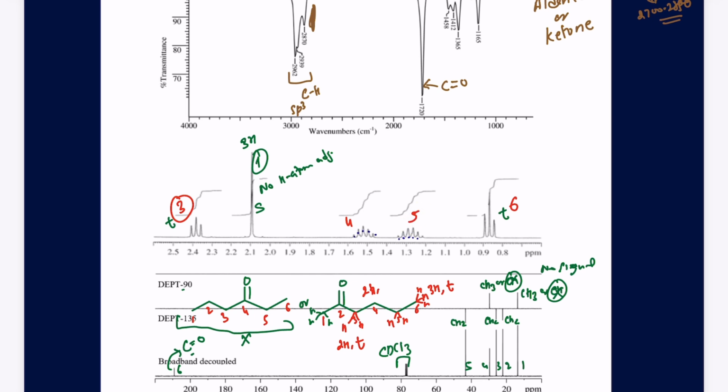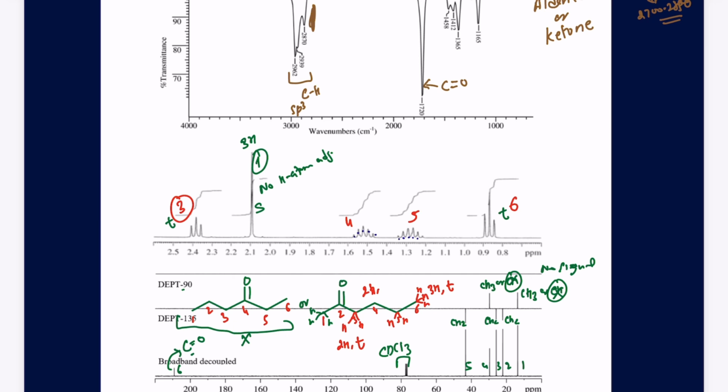That would happen only if the coupling constants between 5 and 6 and 5 and 4 are the same. If they were not the same, I would not be able to see a clean sextet, but rather a triplet of quartets or a quartet of triplets, or a better way of saying it would be a multiplet in that case.